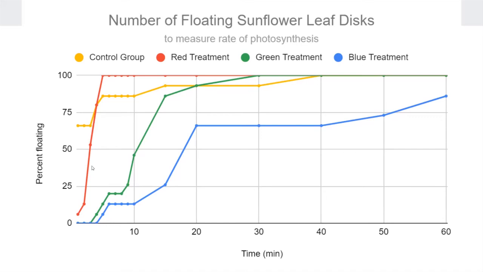We can see that the control group and the red treatment had the highest rate of photosynthesis compared to the other two, which pretty much confirms what we already saw in the previous photo and what we expected, really.